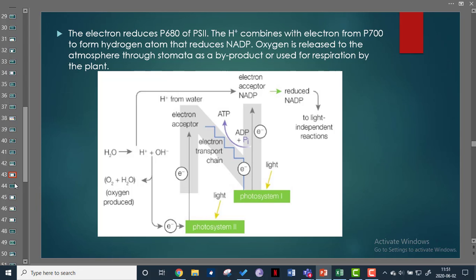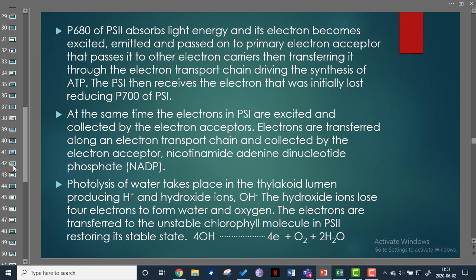Now, we are saying that once the hydroxide ions lose the 4 electrons, meaning they undergo oxidation to form water and oxygen, the electrons are transferred to the unstable chlorophyll molecule in photosystem 2, restoring its stable state. So it's all about restoring stability, because you realize that when an atom loses electrons, it sometimes becomes unstable.